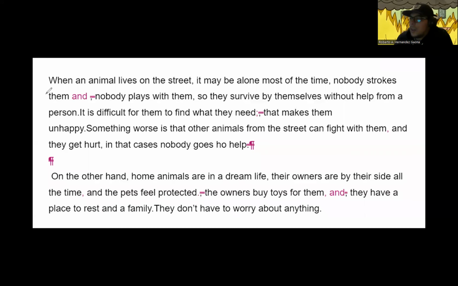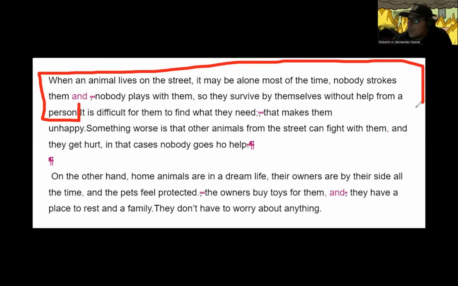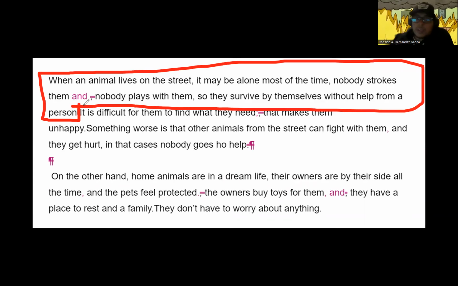So again, topic sentence says when an animal lives on the street, it may be alone most of the time. Nobody strokes them, and nobody plays with them. So okay, our topic sentence would be all of this. So this is another thing that I noticed.